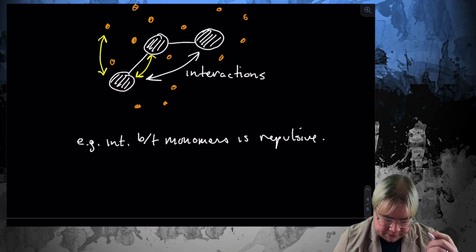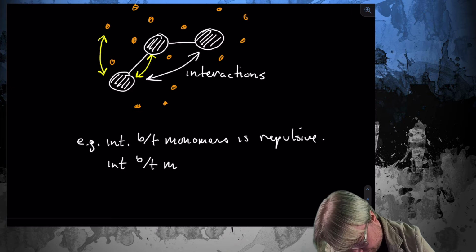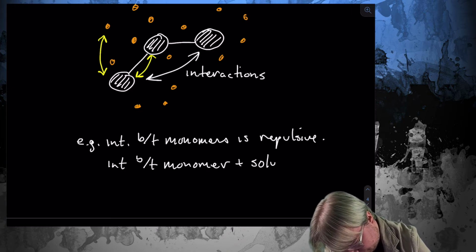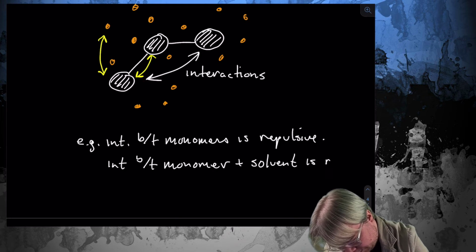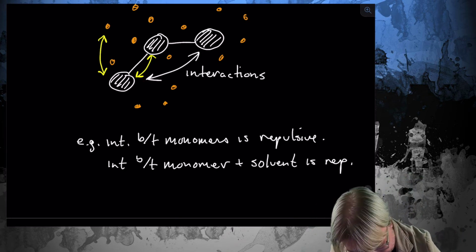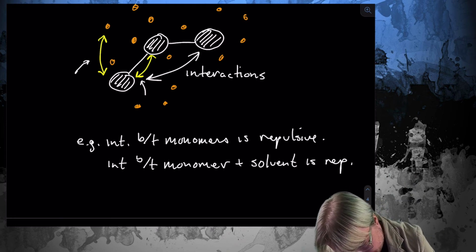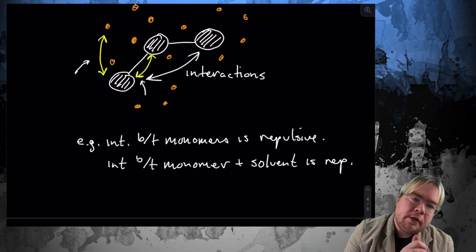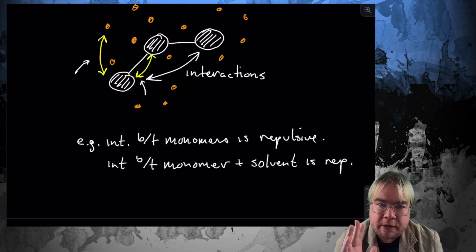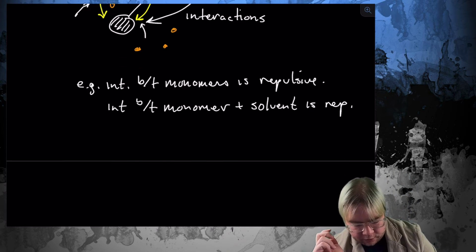And for argument's sake, let's also say that the interaction between the monomer and solvent is also repulsive, but it's going to have a different strength. So this interaction here is going to have a different strength than that interaction there.